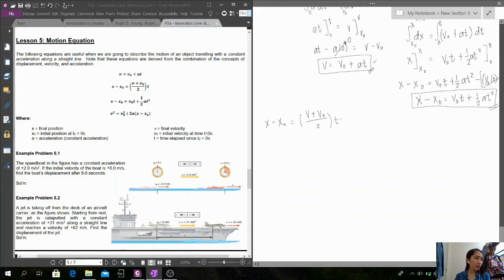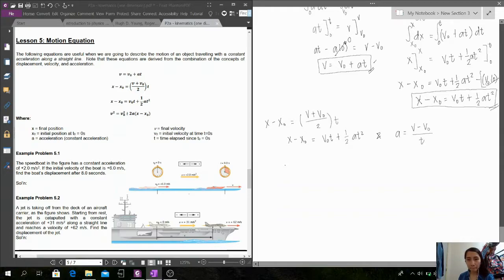In order to derive this, we will use this equation. So, x minus x sub o is equal to v sub o times t plus 1/2 a t squared. And from what we have studied earlier, acceleration is equal to the final velocity minus the initial velocity over the time t.